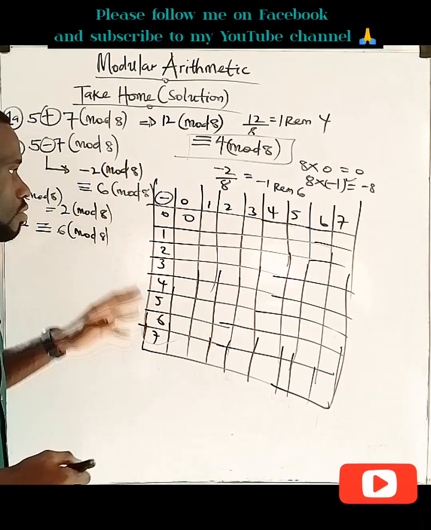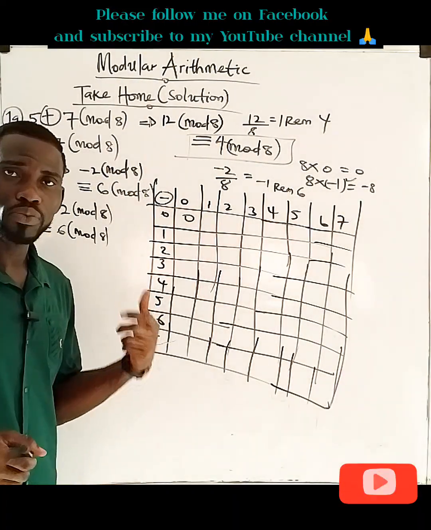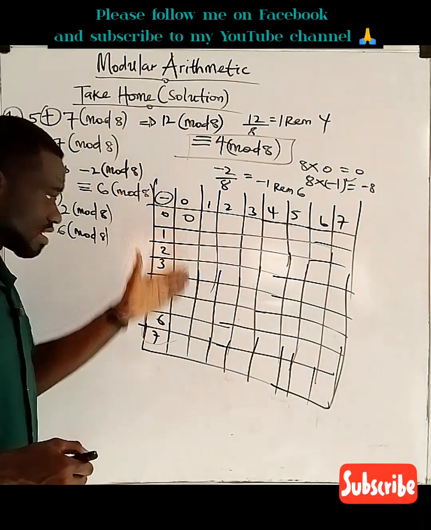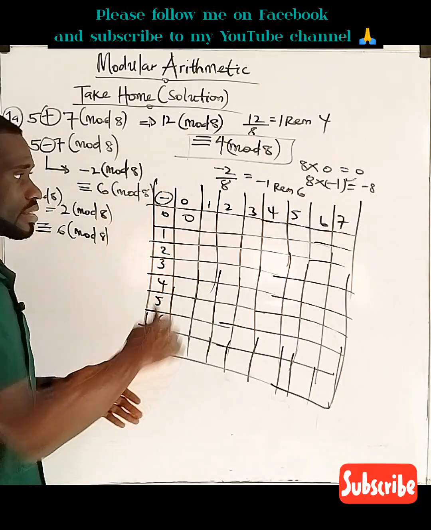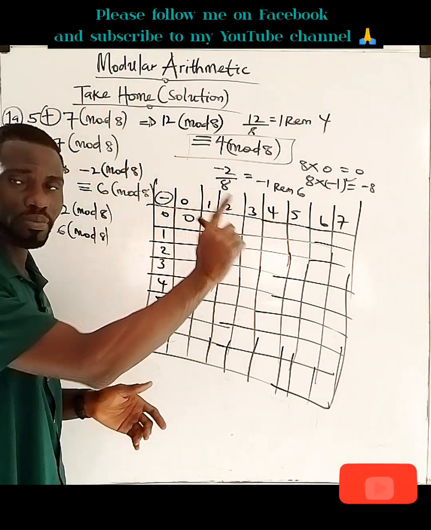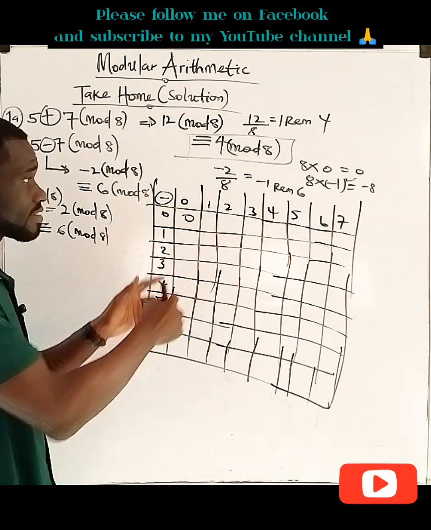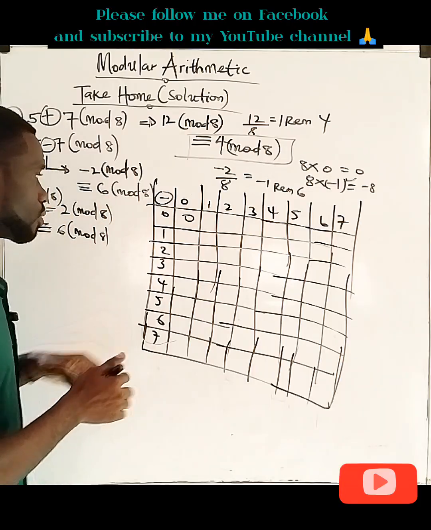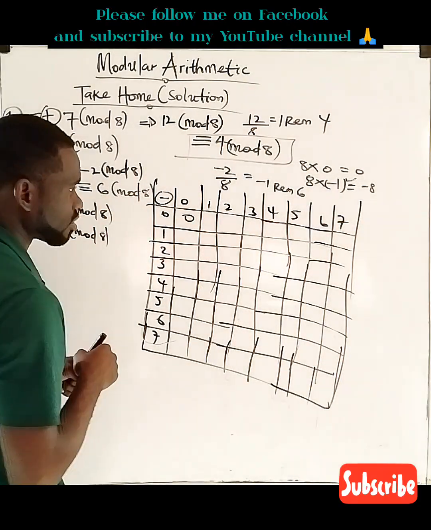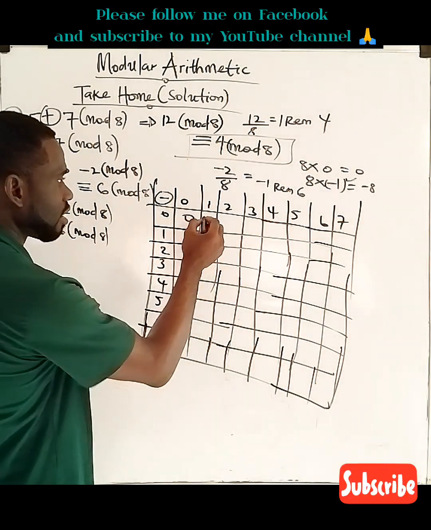When it comes to this, don't forget, just like the example we looked at, this first set of results are constant. Then all these other ones will be written from the other end, when you compare it with the addition table. So 0 minus 0 is 0, 0 minus 1 is minus 1, to be written in modulo 8, that will be 7.